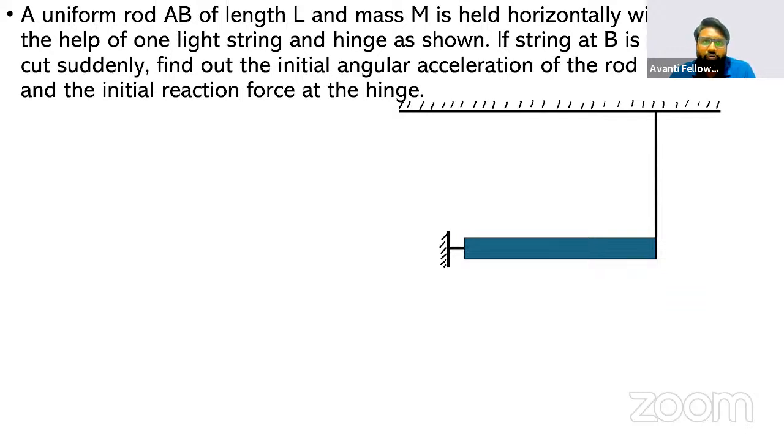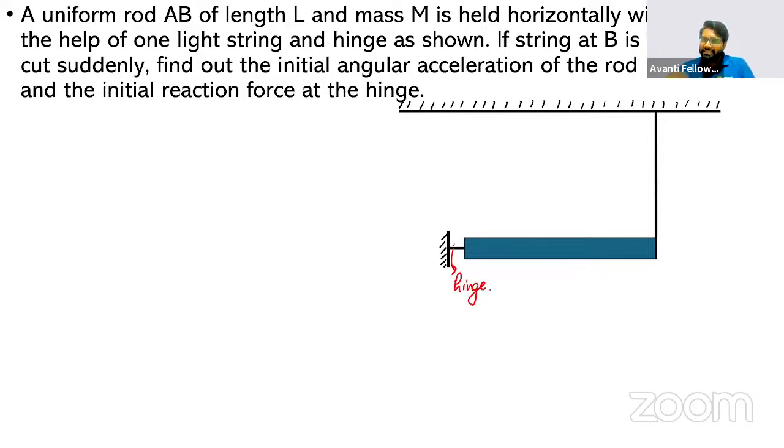A uniform rod AB of length capital L and mass capital M is held horizontally with the help of one light string and hinge as shown. So this is the hinge.